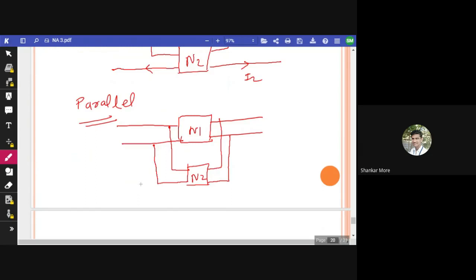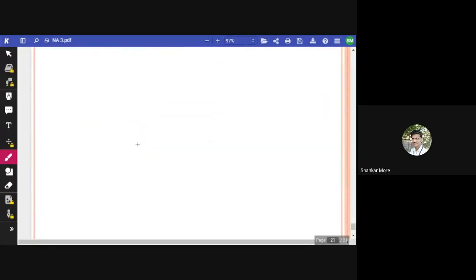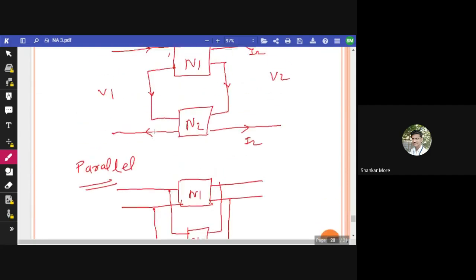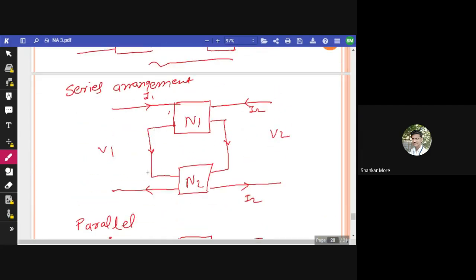Now cascade I have already told you. If you see these kinds of arrangements, you can use certain tricks. So what are those tricks? Let me just tell you. Now we are talking about input and output. See here, input is in series and output is also in series.